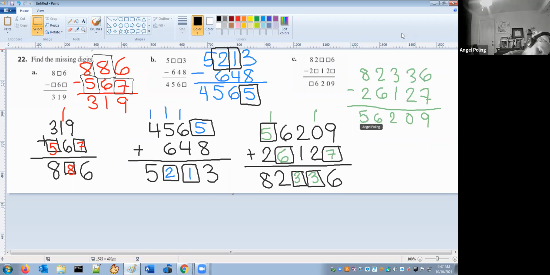Now I'm going to box it the way they boxed it, right? We had those 3s missing. We had that 6 and 7 missing and that 5. And again, the grader is going to come looking for 3, 3, 6, 7, 5.